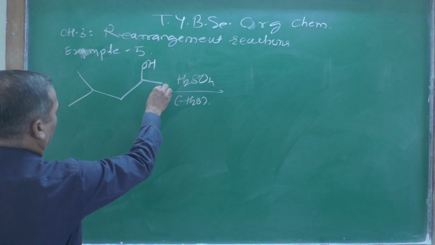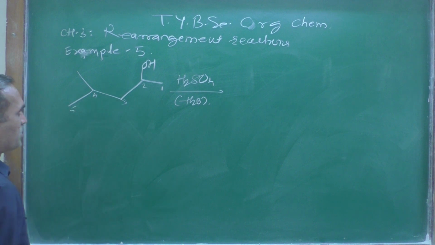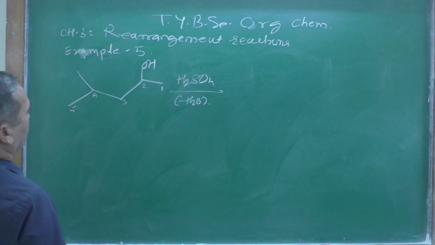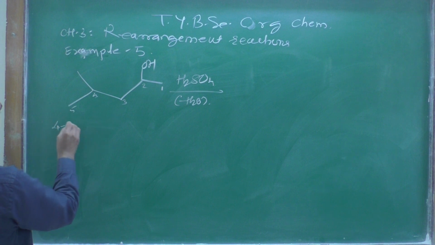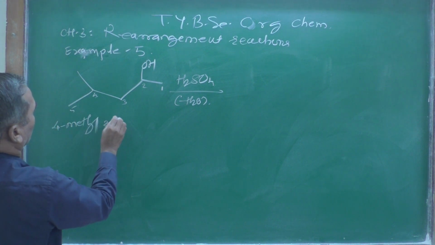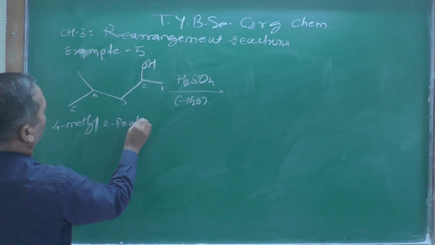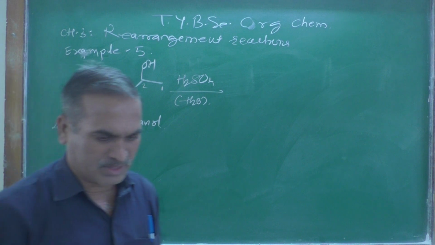You can number from this side: 1, 2, 3, 4 and 5. In the straight chain there are 5 carbon atoms and at position 4 there is a methyl group. Therefore we can call it 4-methyl-2-pentanol. So that is the IUPAC name of this compound.